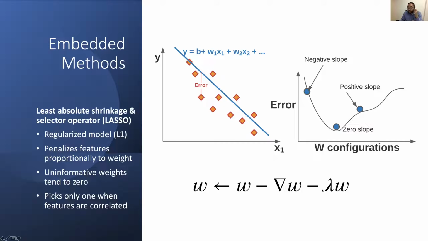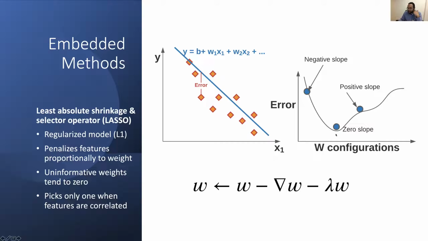The regularization is this term here. Notice lambda here is just a number like 0.1, something like that. It's a number that is proportional to the size of W, right? So if W is big and positive, it's going to say take a step in the negative direction.